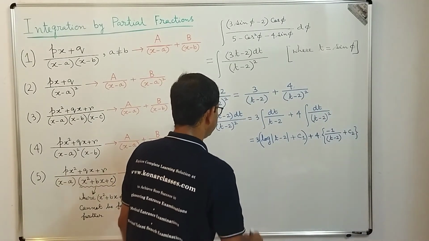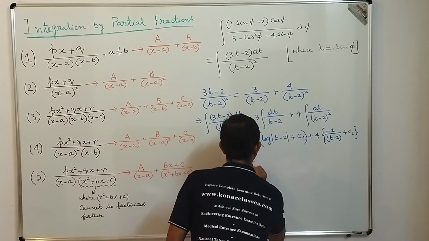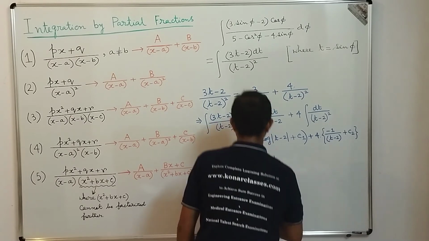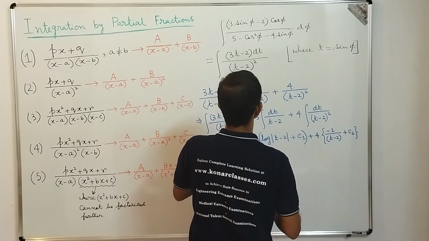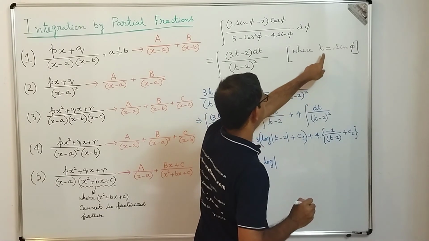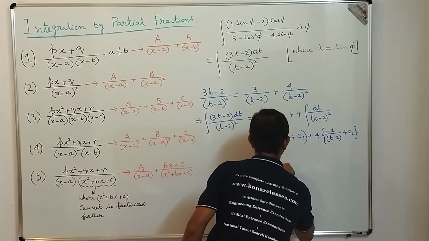So what do we get here, dear students? We get 3 into log mod t minus 2. What is the value of t? t is equal to sin phi.